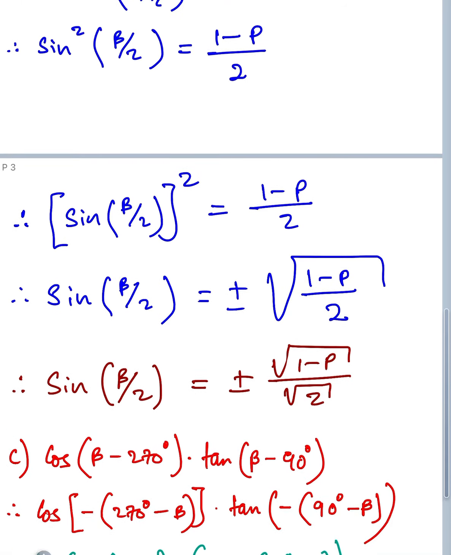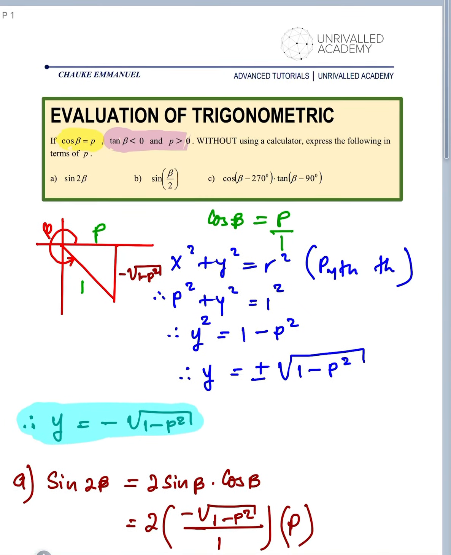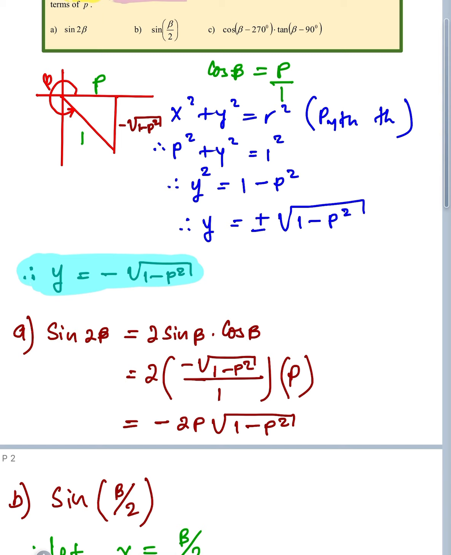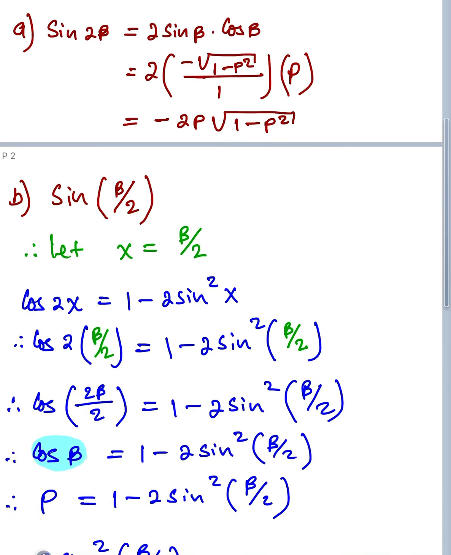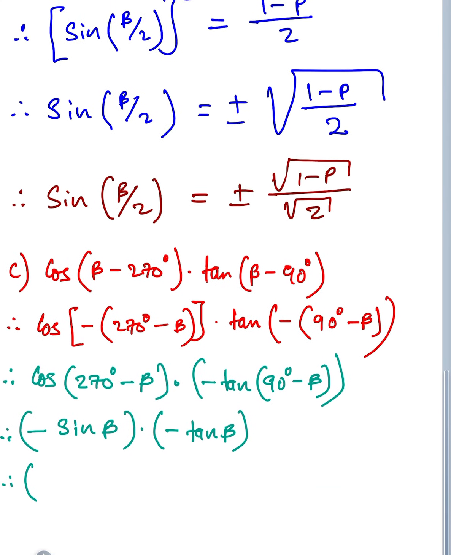I have to go back to my diagram and really check what was a sine of beta. Sine of beta is the opposite over hypotenuse. So it's going to be negative of 1 minus p all squared divided by 1.